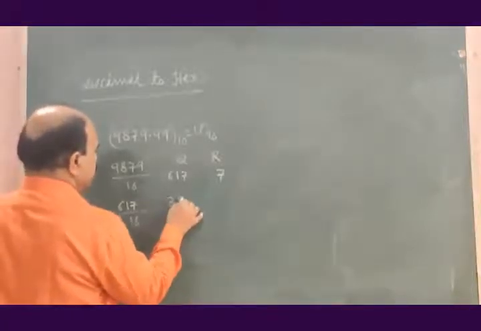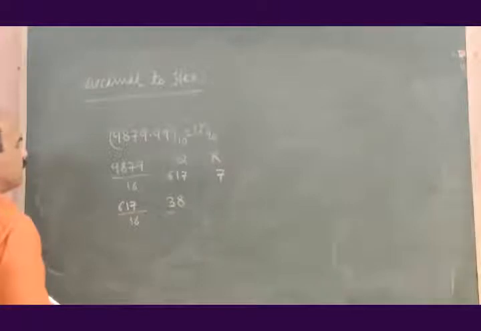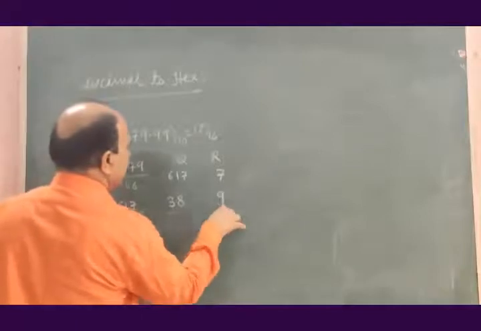16 8s are 128. And what is left? 137 minus 128, 9.